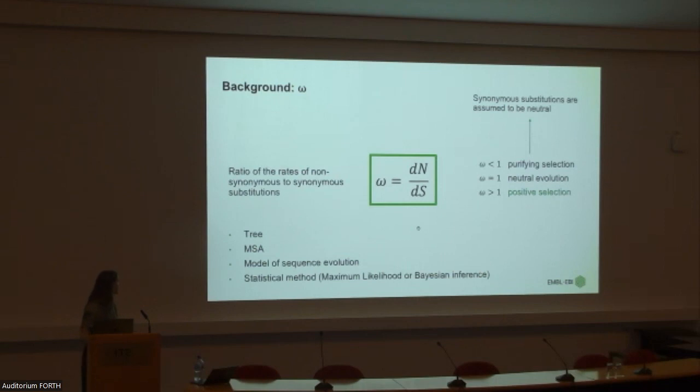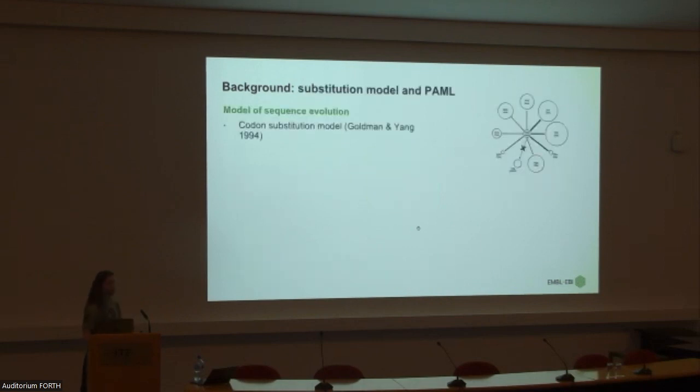And so in order to estimate omega for our sequences, we need the associated tree, a multiple sequence alignment, some model of sequence evolution, and a statistical method. As for the model of sequence evolution, typically what is used is a codon substitution model, which is a Markov process describing the transition from one codon to another that can be achieved by a single substitution.